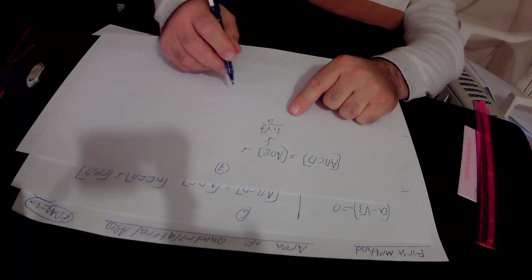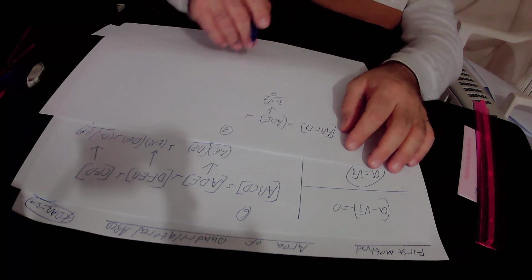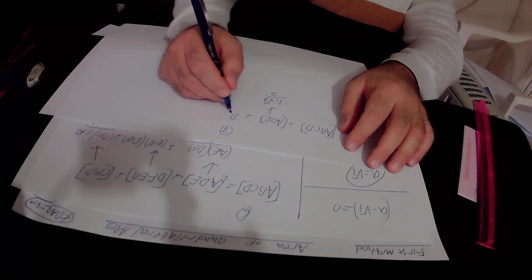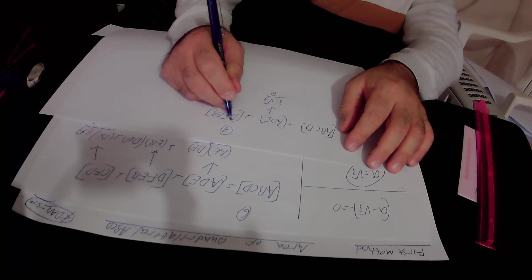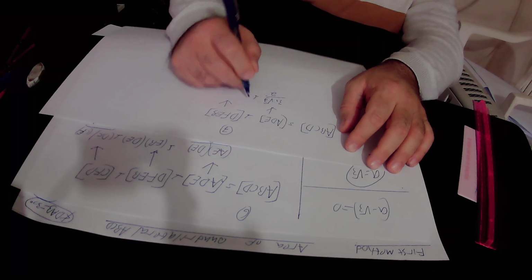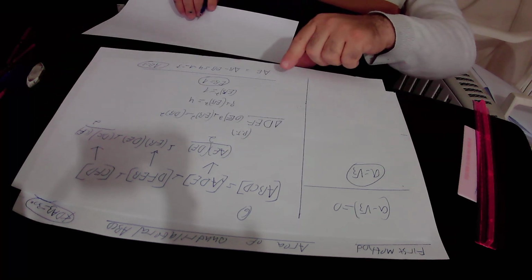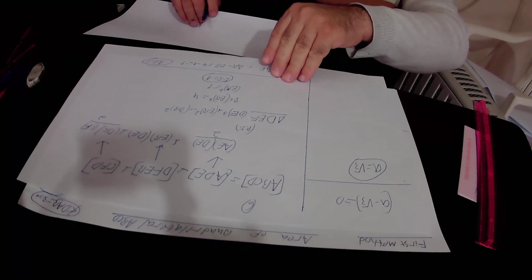area of rectangle DFEB. The area of rectangle DFEB equals EB times DE.